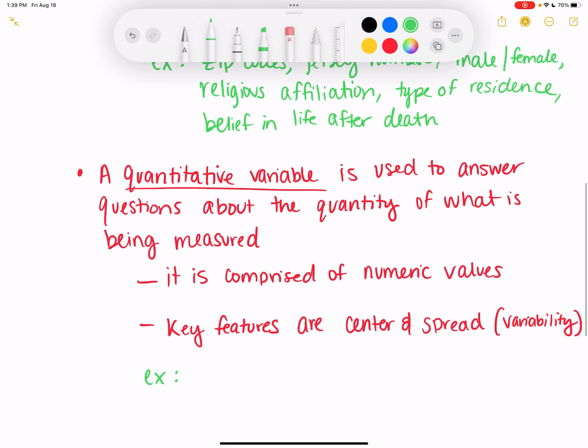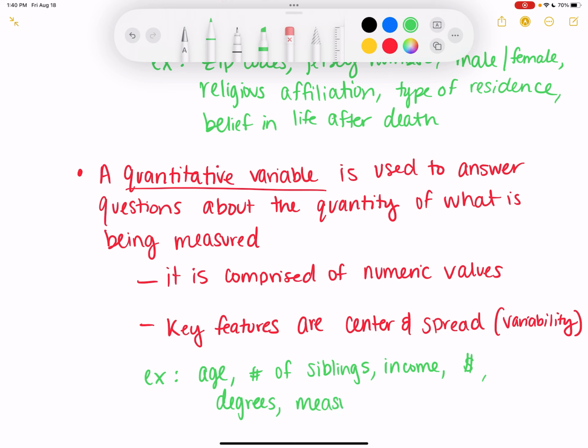So some examples of this would be age, number of siblings, income, money, degrees, measurements.